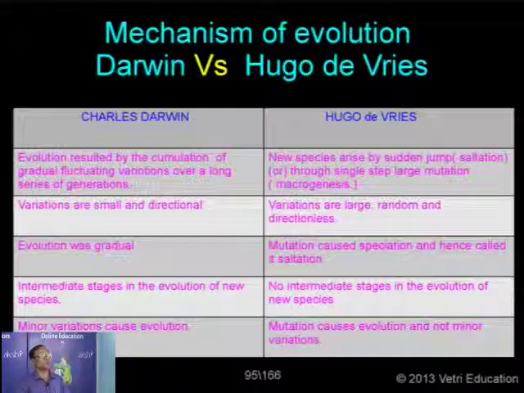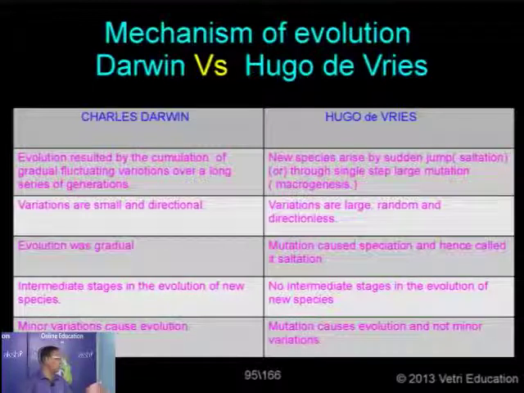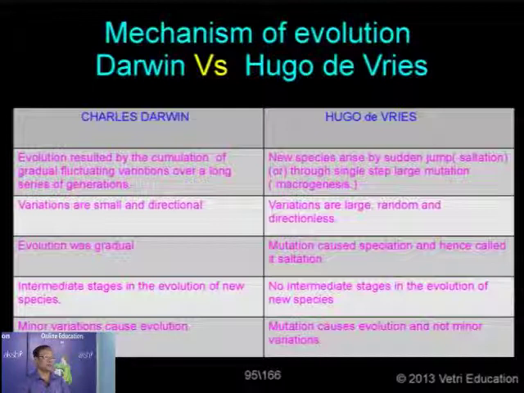This is because of the cumulative effect of the gradual changes taking place in the body of an organism. Evolution results from the accumulation of gradual fluctuating variations. The variations are not constant; they are fluctuating ups and downs over a long series of generations, even millions of years.